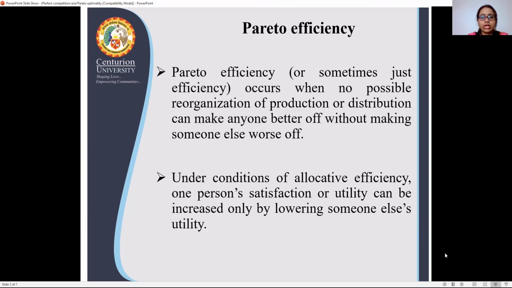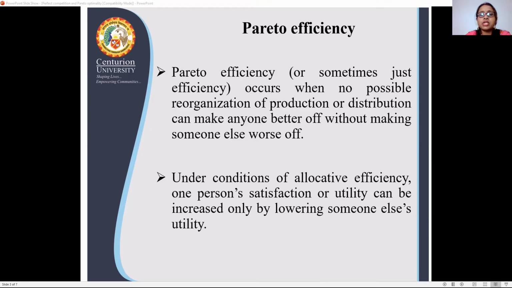Pareto efficiency occurs when no possible reorganization of production or distribution can make anyone better off without making someone else worse off. This means that if production is happening, there is no possible reorganization of production which can make at least one person better off. If we want to make one better off, there will be someone who will be worse off.